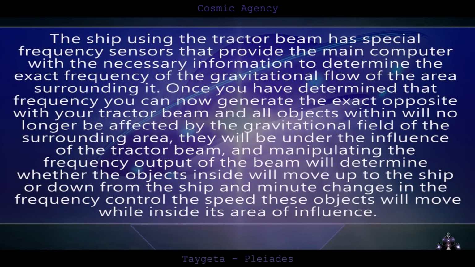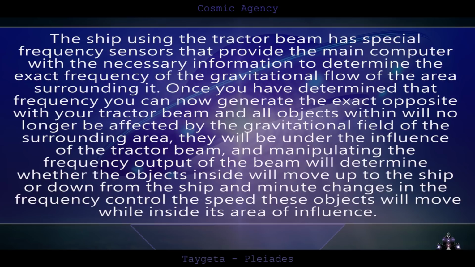The ship using the tractor beam has special frequency sensors that provide the main computer with the necessary information to determine the exact frequency of the gravitational flow of the area surrounding it. Once you have determined that frequency, you can now generate the exact opposite with your tractor beam, and all objects within will no longer be affected by the gravitational field of the surrounding area.